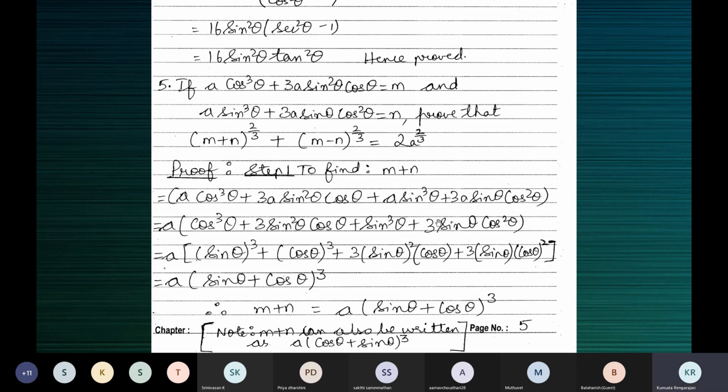So this is a cubed, this is b cubed, this is 3a square b, and this is 3ab square. So a cube plus b cube plus 3a square b plus 3ab square is a plus b the whole cubed.